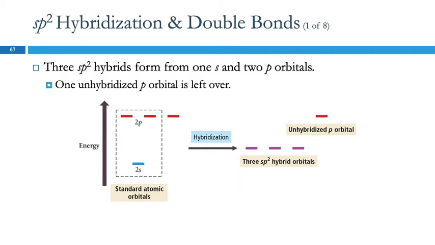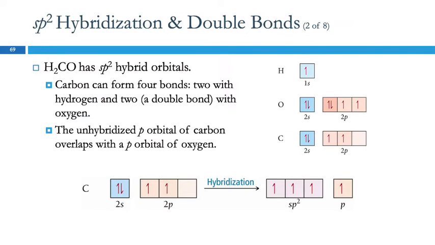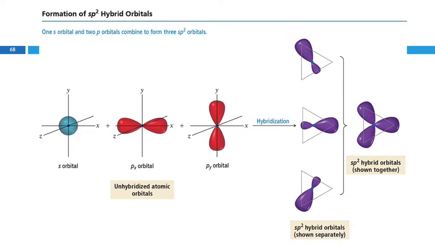So, we're going to take an s orbital and 2 of the p orbitals and hybridize those, mash them together. So now we're going to get 3 equivalent orbitals, and they're going to be oriented in space equally, spread out as much as possible, like the balloons, right? So again, we're ignoring the little stumpy ends.